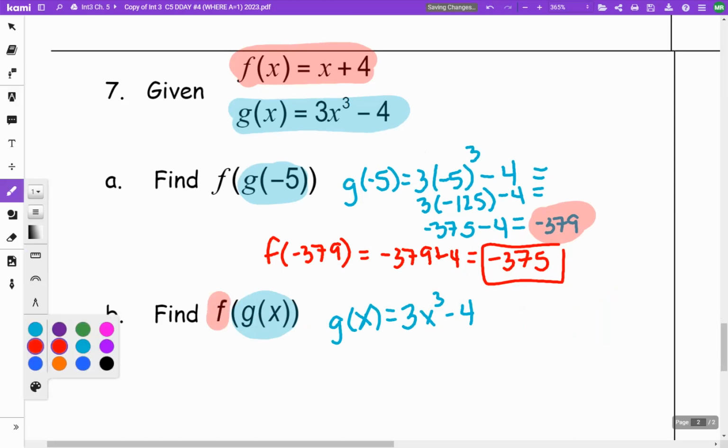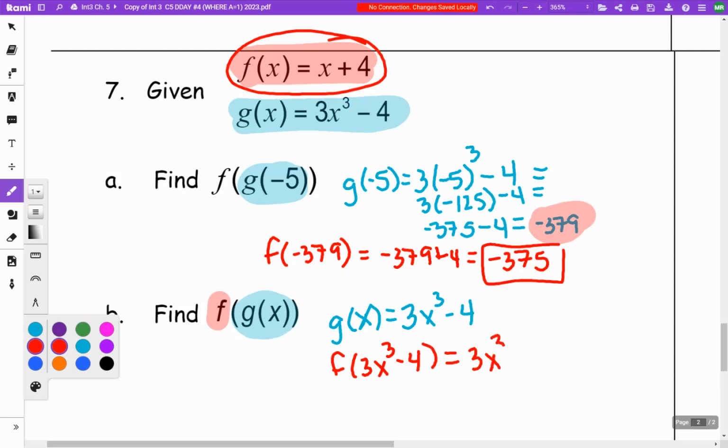So now I'm going to find f of 3x cubed minus 4. So f up here, I take my input and I add 4. So I'm going to take 3x cubed minus 4, which is my input, and then I'm going to add the 4. So those 4s are going to cancel out, and I'm going to end up getting 3x cubed as my answer.